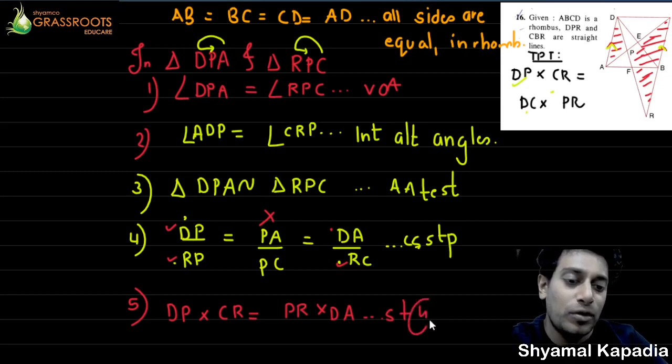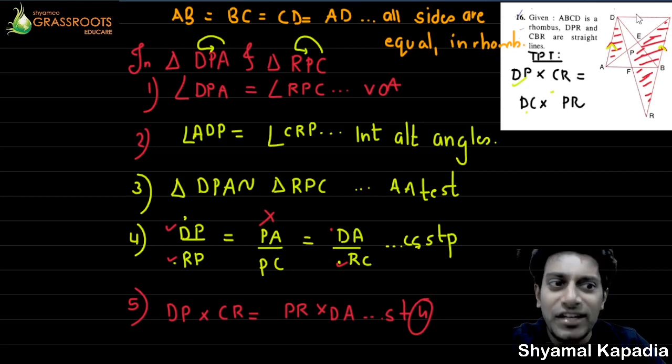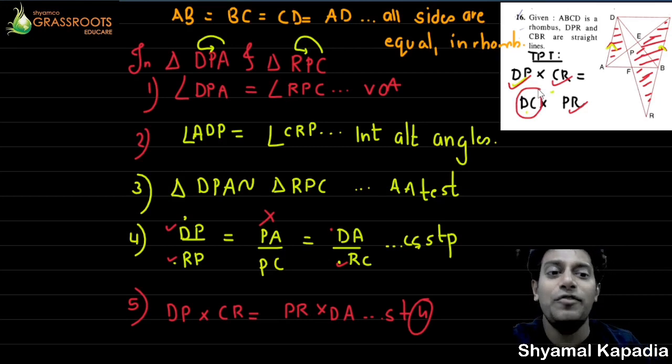Statement number 4. Now check, it's a rhombus. Do you know in a rhombus all sides are equal? DP I obtained, CR I obtained, PR I obtained. I am in hunt for DC.